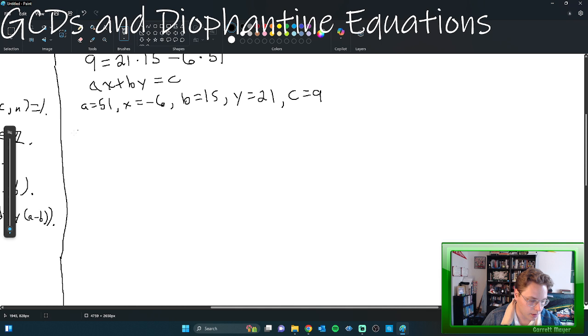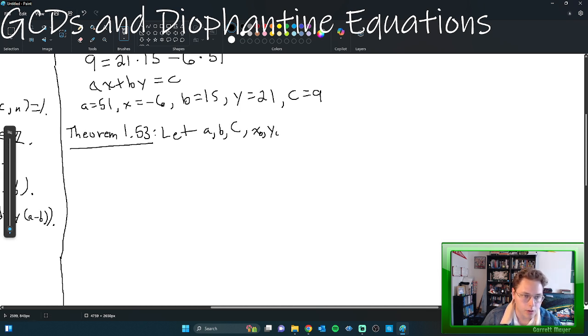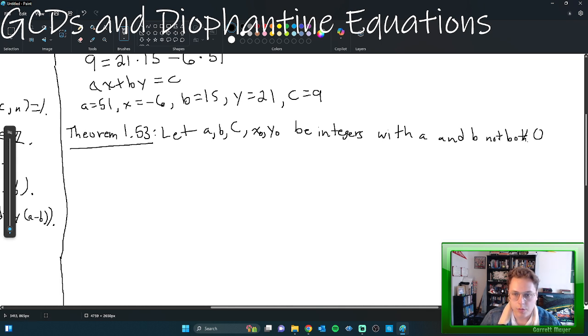So this theorem is Theorem 1.53, and what it states is: let a, b, c, x naught, y naught be integers, a and b not both 0, like usual. This theorem is going to have two parts.